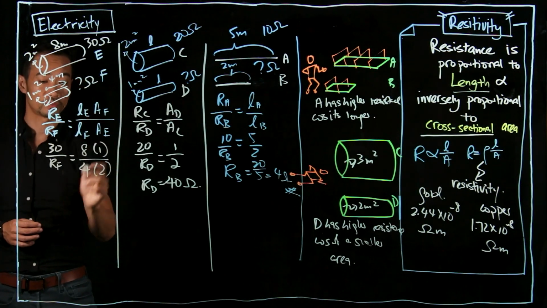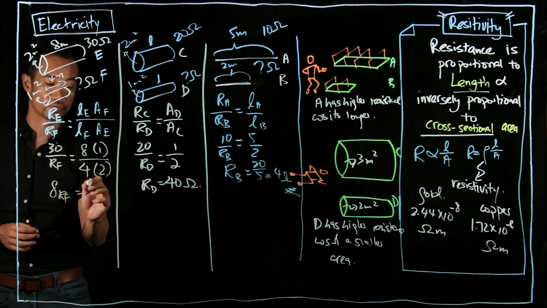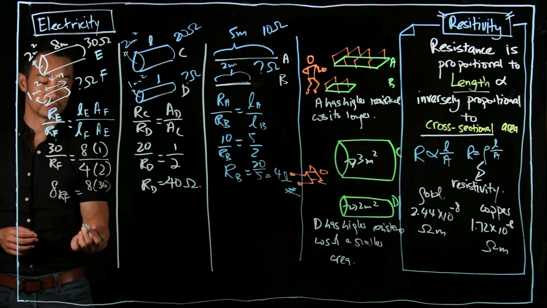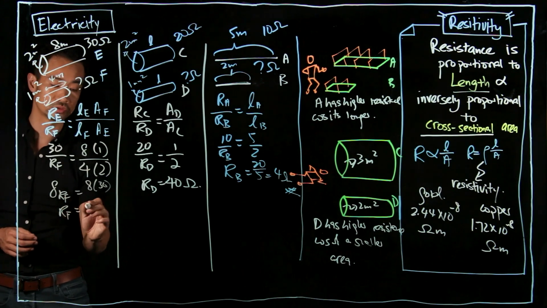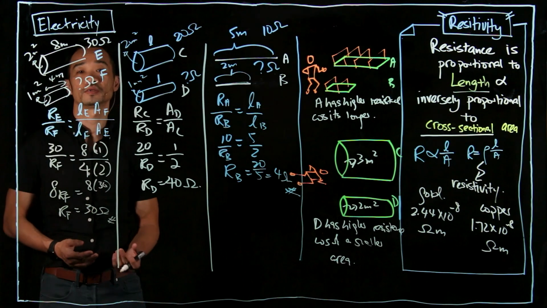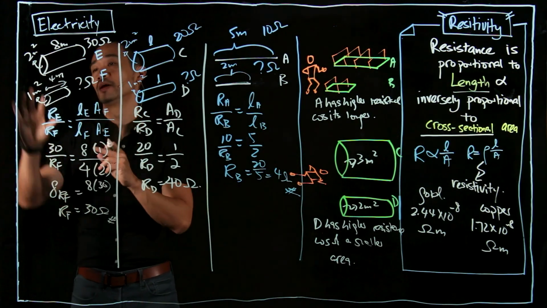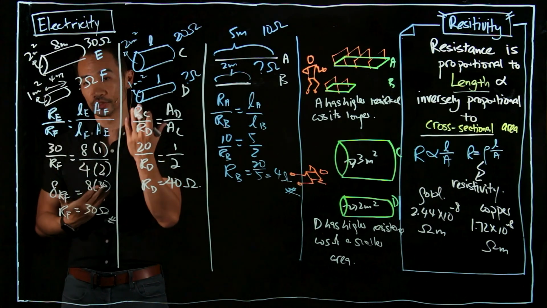So what we get is 8 RF is equal to 8 multiplied by 30. So RF is equal to 30. Ends up being the same. Shorter will reduce the resistance, but being tighter will actually increase the resistance.